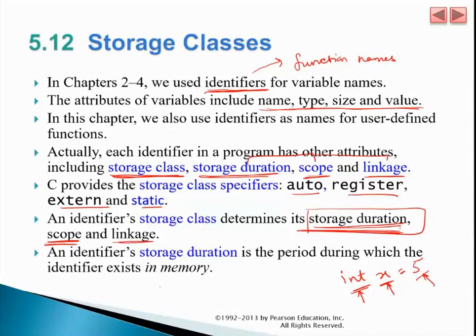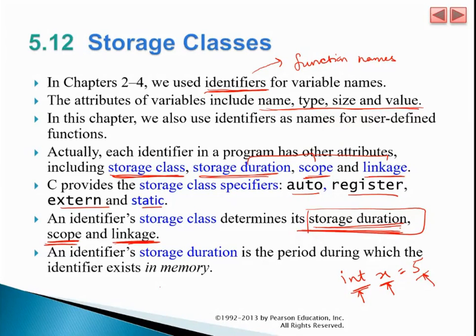And linkage is related to when we deal with multiple source files. I think in CP we will not cover multiple source files, but later when you study other programming languages, you will see the use of multiple source files, and there this linkage will come. But this linkage is also defined by storage class.